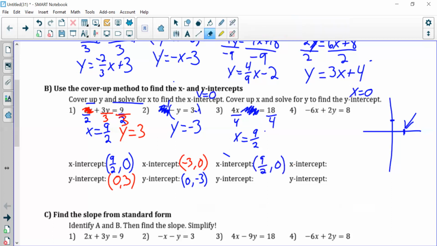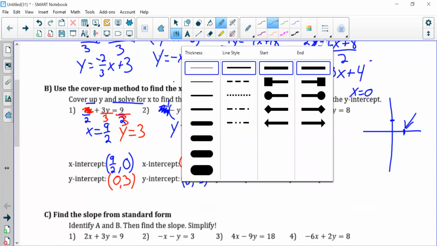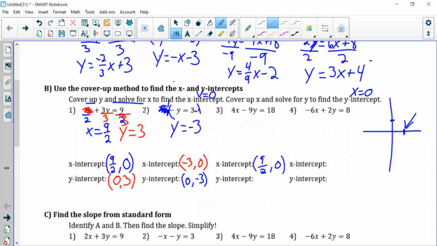Then we're going to cover up my x and solve for y. Divide both sides by negative 9. So y equals negative 2. So my y-intercept is 0, 2.